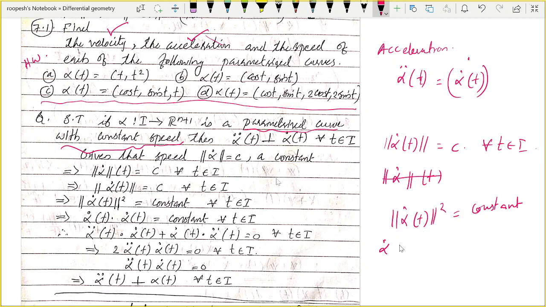That is nothing but alpha dot of t dotted with alpha dot of t, right? Now this is equal to a constant.